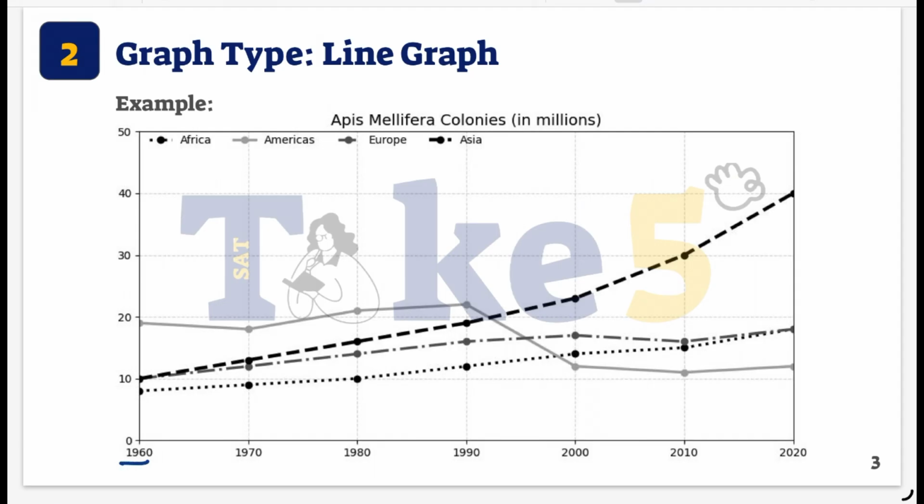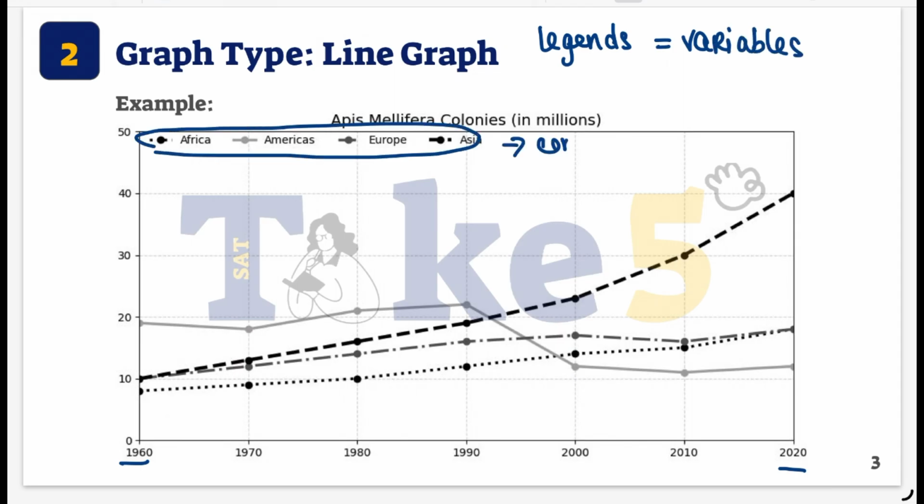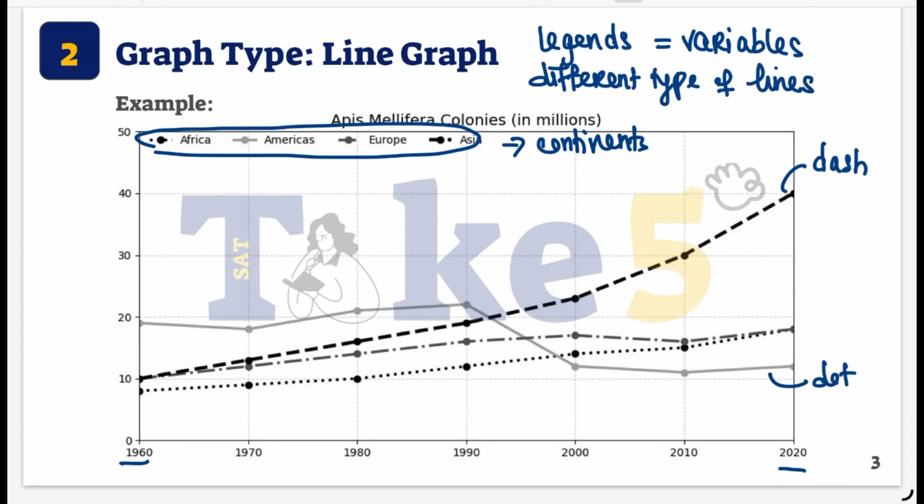Take some time to first familiarize yourself with the legends, or how each variable, in this case the continent, is graphically presented. Usually for a line graph, legends are shown in different types of line, like dash, dot, etc. Each type represents a variable to distinguish visually.